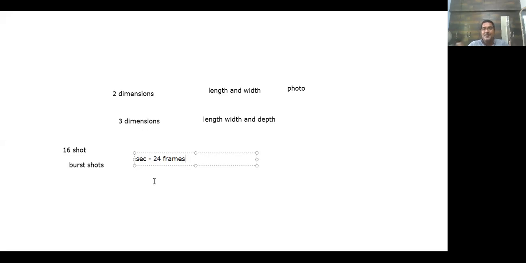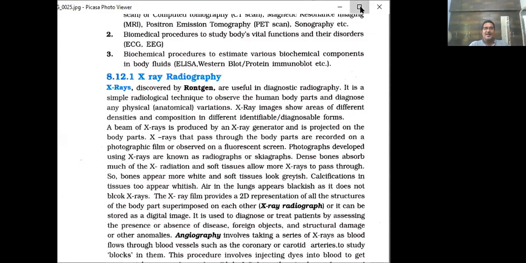If 30 frames are moving per second, that is fast forward. That was older-day theaters; in the last 3-4 years, digital theaters came over. I think people your age may not have seen that kind of projector film. When the projector film moved at 24 frames per second, that was how the movie started.